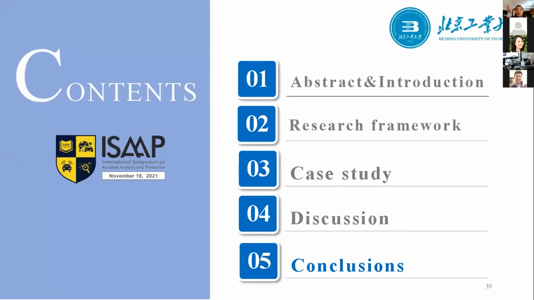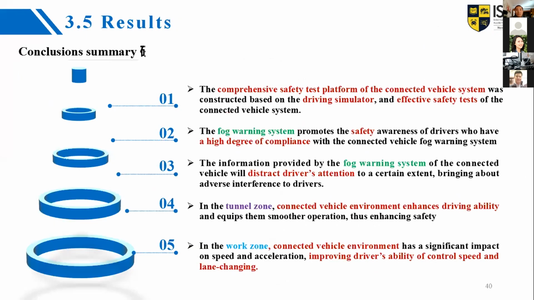Last, let's make a conclusion. Firstly, the comprehensive safety test platform of CV system was constructed based on the driving simulator. Then for the fog warning system, it promotes the safety awareness of drivers who have a high degree of compliance.